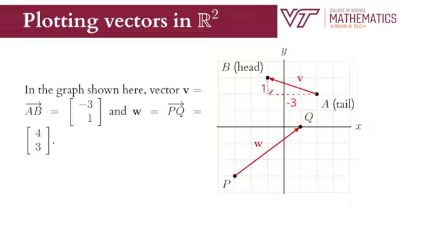So that's -3, and then 1 unit in the vertical direction, so that's +1. And so that's the vector -3, 1. And then the other vector from P to Q, well, that vector is 4, 3. It's 4 units to the right, and then 3 units up to get from P to Q.